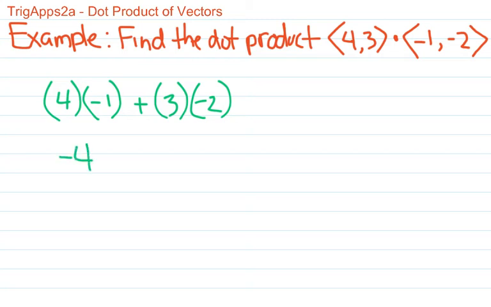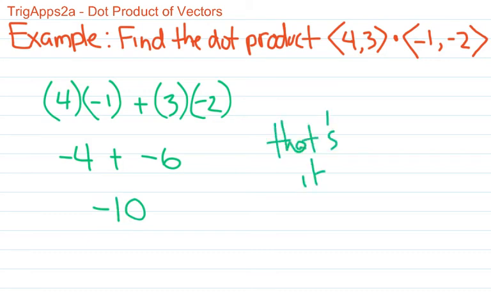We have negative 4 plus negative 6 equals negative 10. So a pretty simple formula to remember: multiply the two and add them. So let's apply that to calculating the angle in between two vectors.